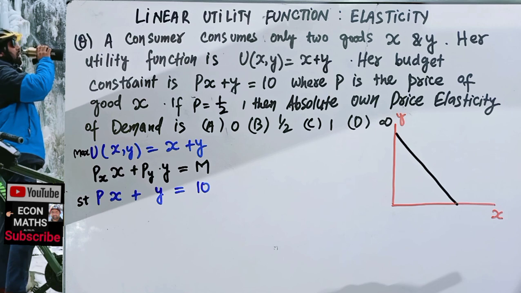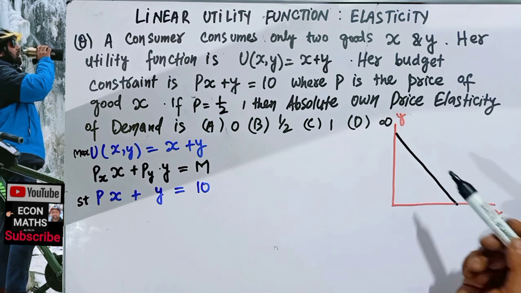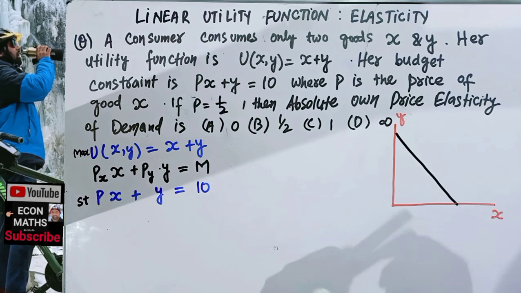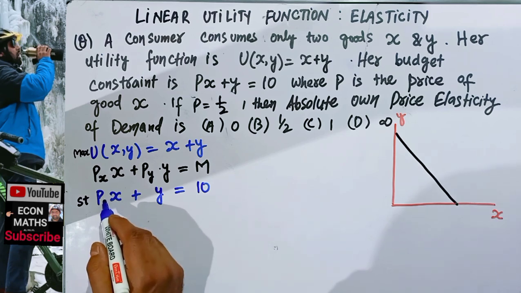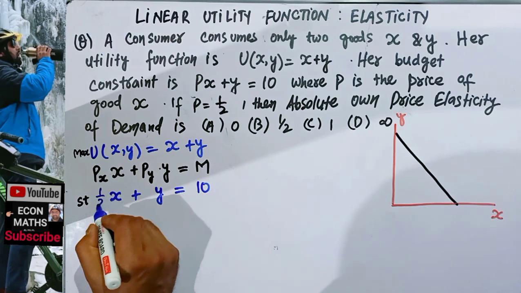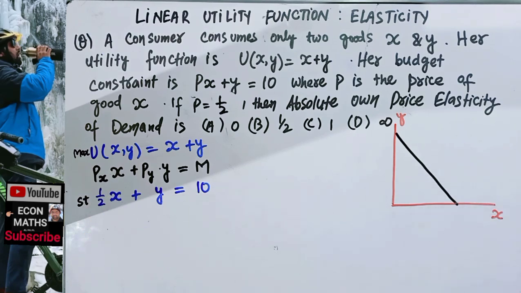Now consumer wants to maximize his utility subject to this budget constraint. In place of p we have 1 upon 2, and let's write it here, 1 upon 2.